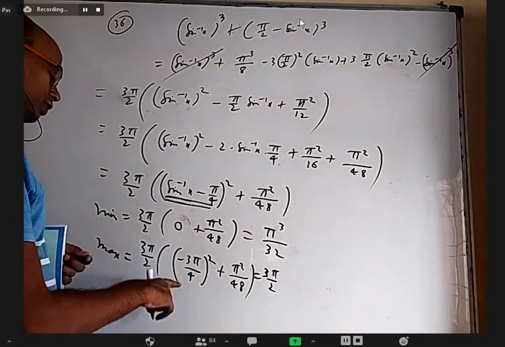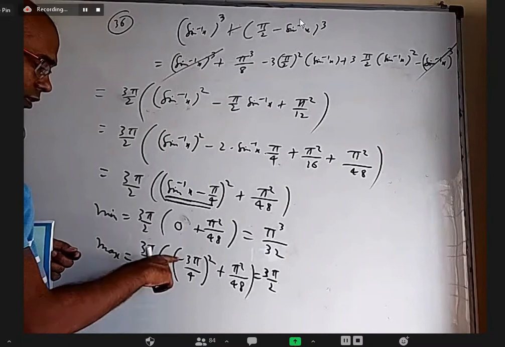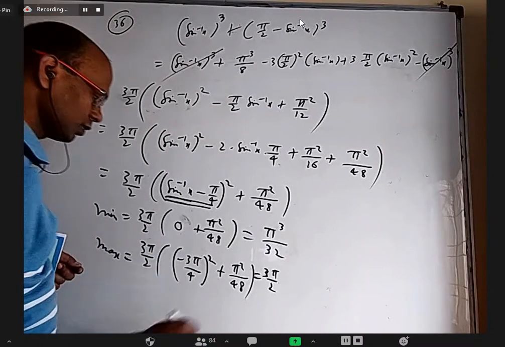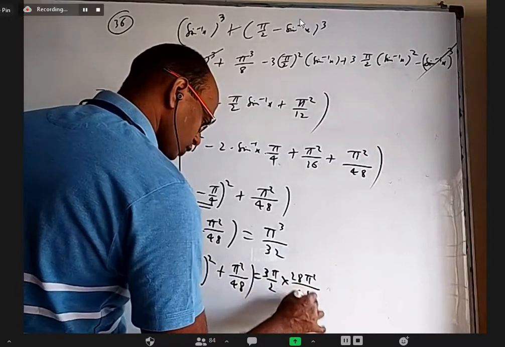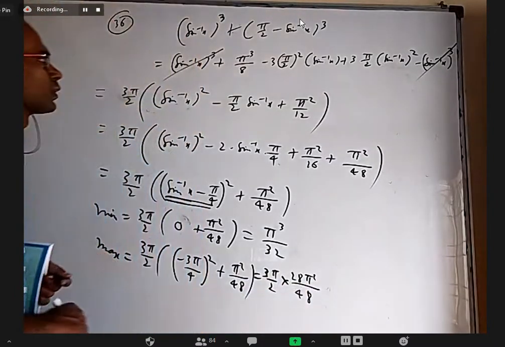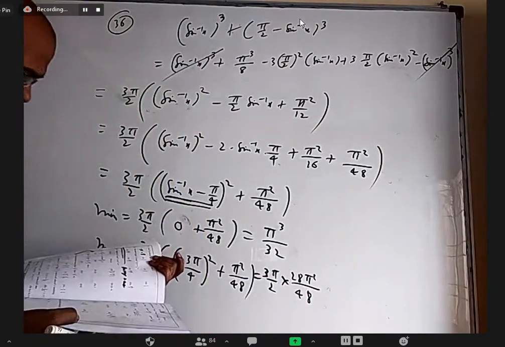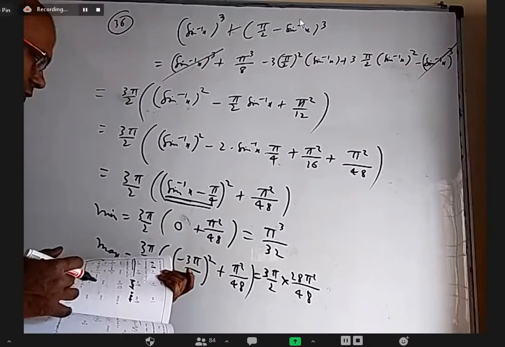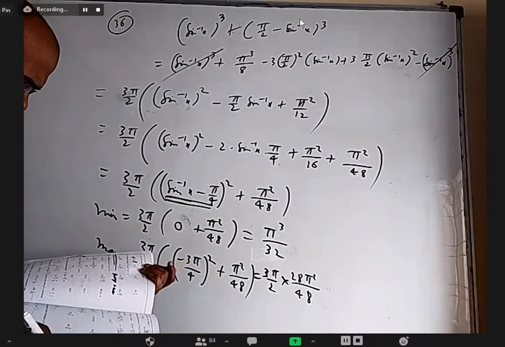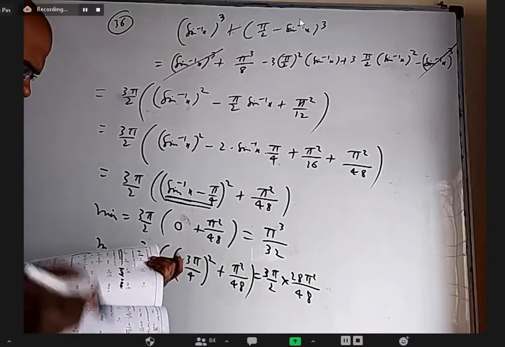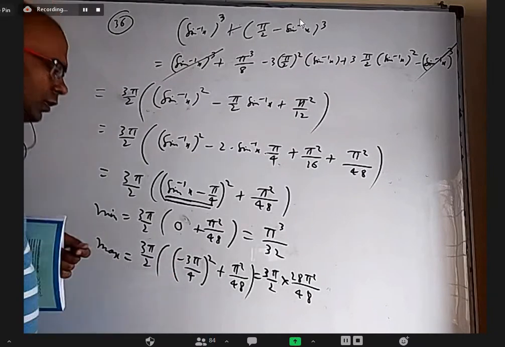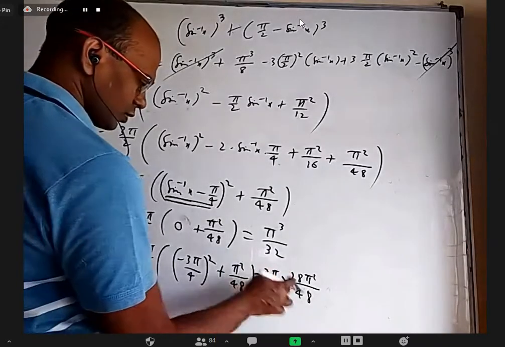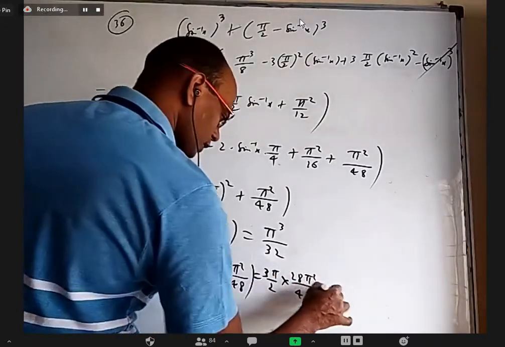So I multiply with 3, 27, 28 pi square by 48. And if I put minus 1 directly, I should get pi cube plus pi cube by 8, which is 7 pi cube by 8.